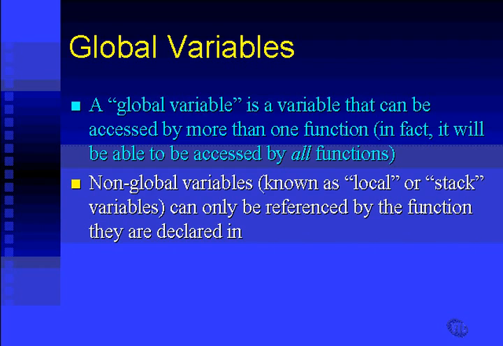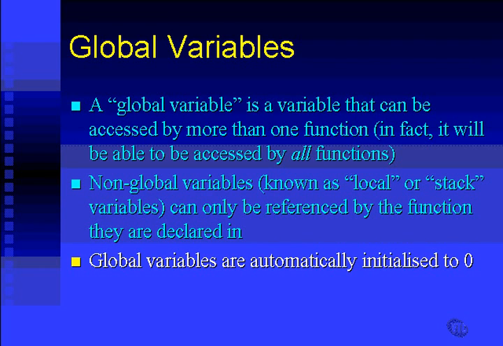What you'll discover is if you start making a practice of making everything global, then you might have something called count used in one function, and you might have another thing called count used in another function, and you might be trying to use them for two different purposes. However, they're both called count, so they're actually the same variable, and so they'll interfere with each other, and your program will have all sorts of trouble. So it's best to keep variables as local as possible. However, we'll talk about that later.